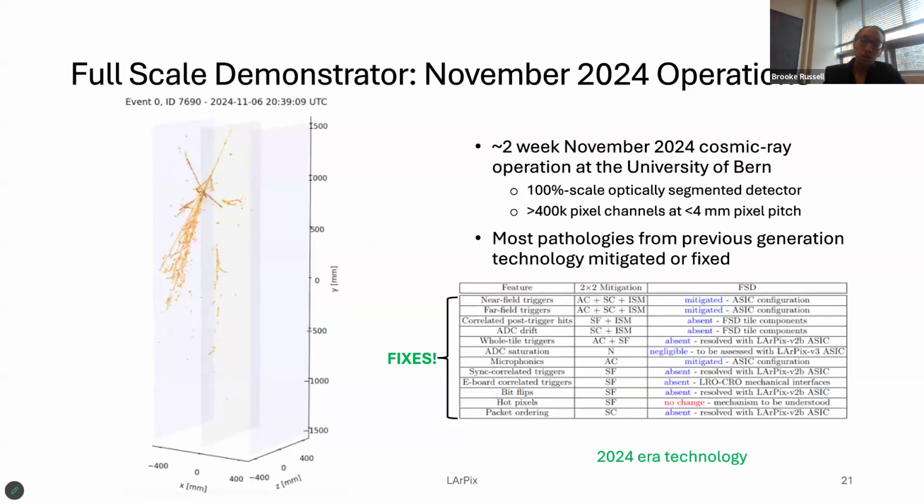In our latest generation system, operated in November last year, we've largely removed or mitigated all of these effects. This is a larger system to scale, and we're very happy with the imaging performance there.